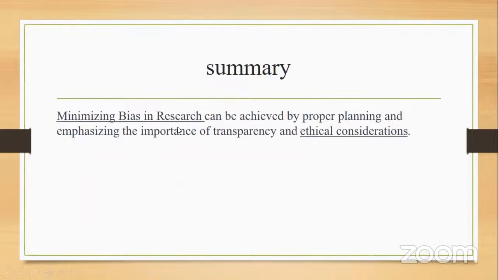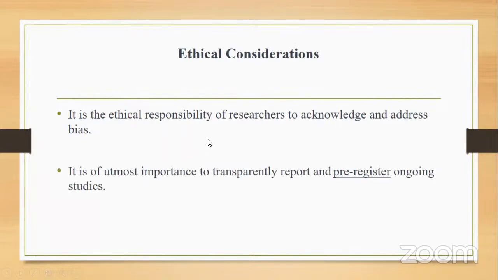So in summary, minimizing bias in research can be achieved by proper planning, emphasizing the importance of transparency and ethical consideration. And here, allow me to just say a few words about the ethical consideration in research. We must know that it is the ethical responsibility of the researcher to acknowledge and address bias because you are doing most of the work.